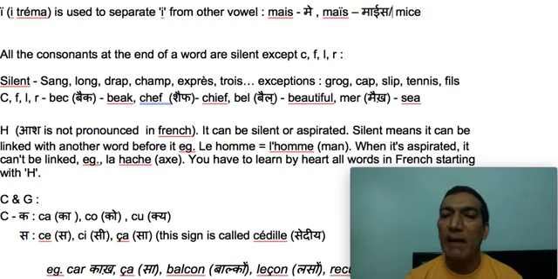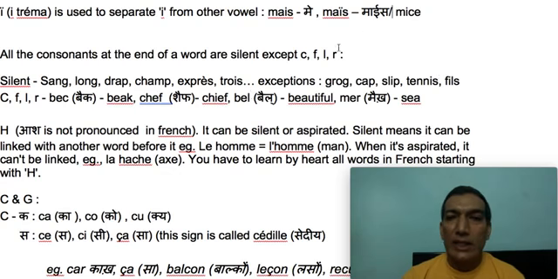Cap, C-A-P, cap. Sleep, S-L-E-P, sleep. So P is not silent. Tennis, which is a foreign word, so tennis. So here S is not silent. And fils, F-I-L-S, fils, which means son.